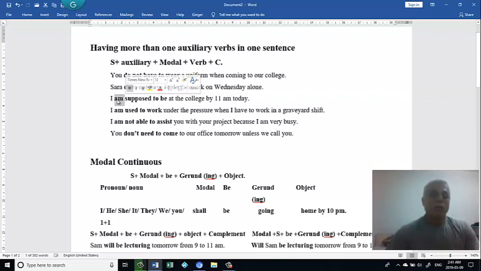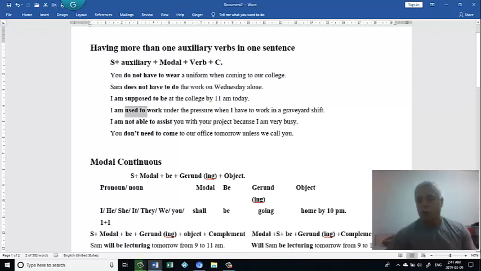The be verb is auxiliary, and the modal is also auxiliary. That's the reason we say we have more than one auxiliary verb used in a sentence: this is the first auxiliary verb, this is the second auxiliary verb, which is a part of the modal, then we have the root of the verb.